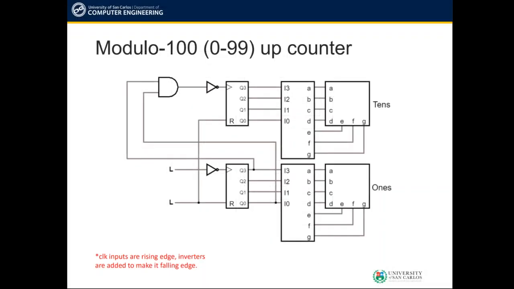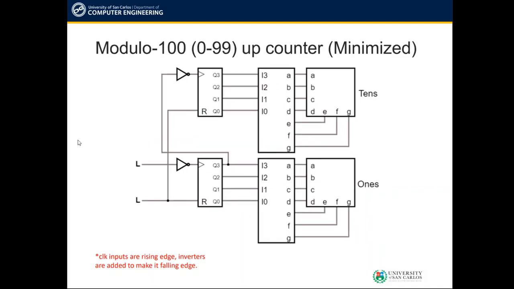Just to explain that, remember that the count here is from 0 to 9, and then after 9 it goes back to 0. So you no longer need another output here, because after 9 this becomes from 1 to 0.